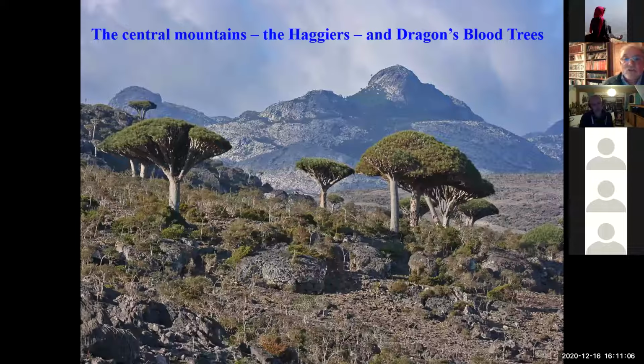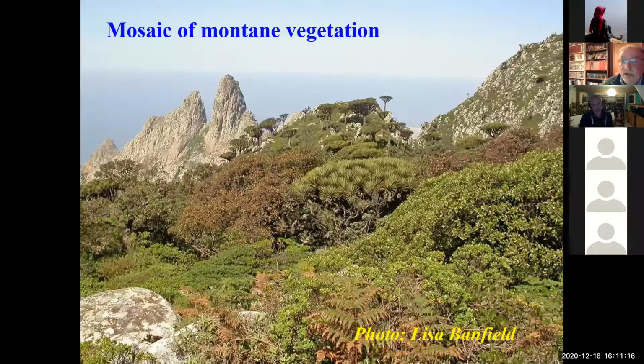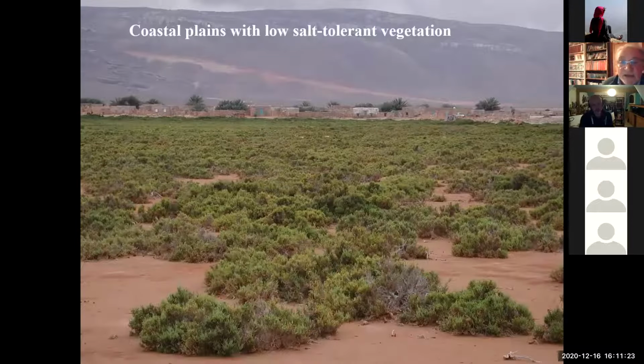These are the central mountains, the Hagias in the background, with the world famous dragon blood tree, which is Yemen's national tree. It's got a mosaic of montane vegetation, particularly on the higher slopes, and then dropping down to the coastal plain with its low salt tolerant vegetation against the edge of the foothills.